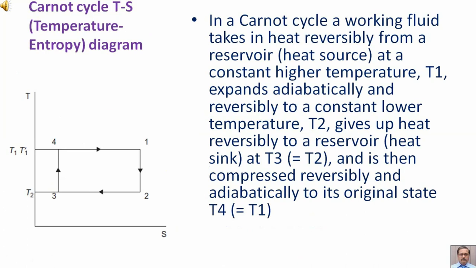In a Carnot cycle, a working fluid takes in heat reversibly from a reservoir heat source at a constant high temperature T1, expands adiabatically and reversibly to a constant lower temperature T2, gives up heat reversibly to a reservoir heat sink at T3 equal to T2 and is then compressed reversibly and adiabatically to its original state T4 equal to T1.